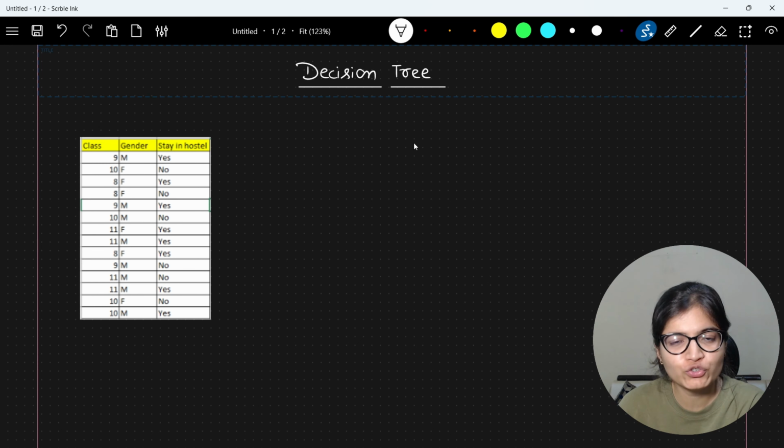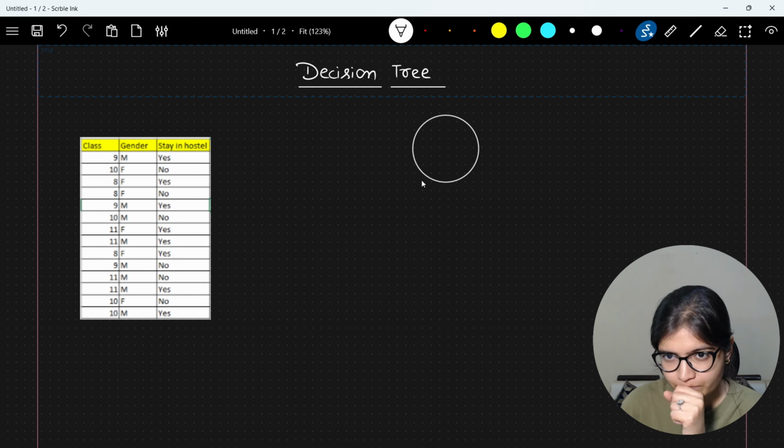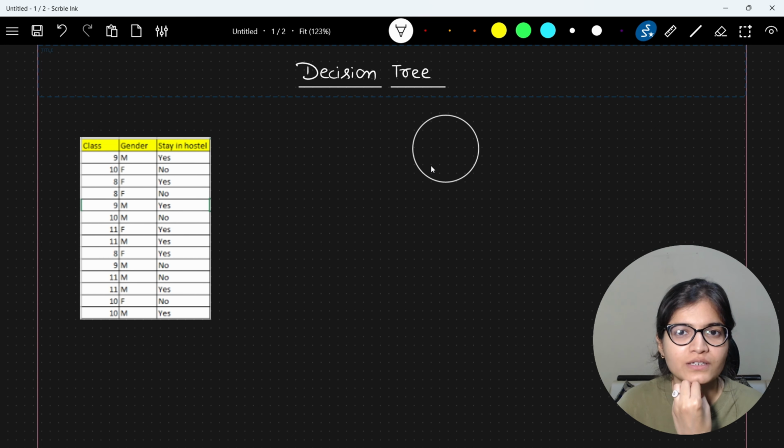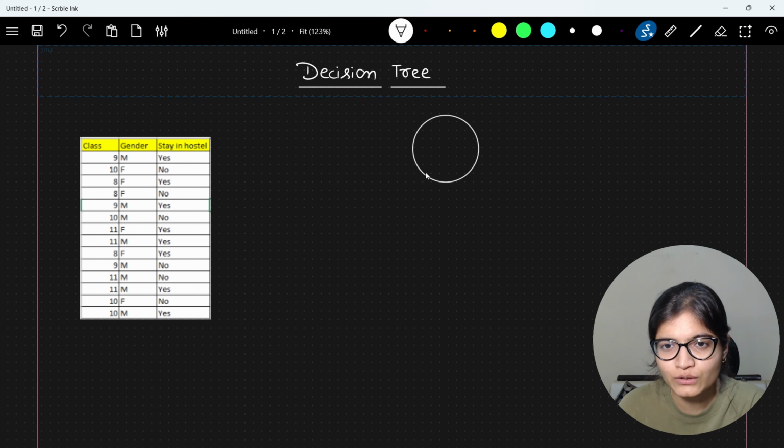Now, what usually happens whenever we are trying to create a decision tree, what is the meaning of that? For example, suppose I want to see the survival rate of a person. Maybe the survival rate will depend on whether a person is male or female.